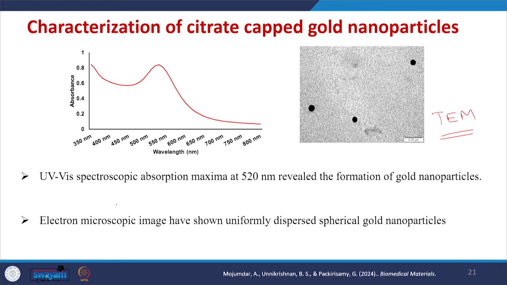In the UV visible spectroscopy, you get the absorption maximum around 520 nanometer. That confirms the formation of gold nanoparticle. And by using electron microscopy, you can see the gold nanoparticles of almost uniform size.